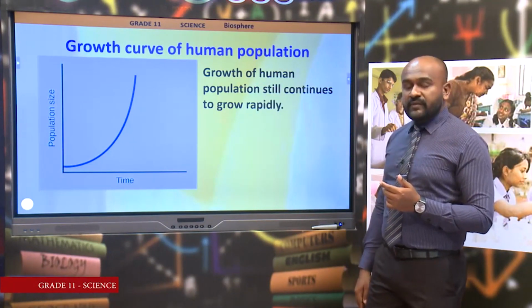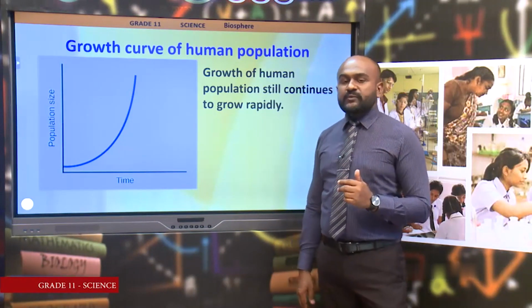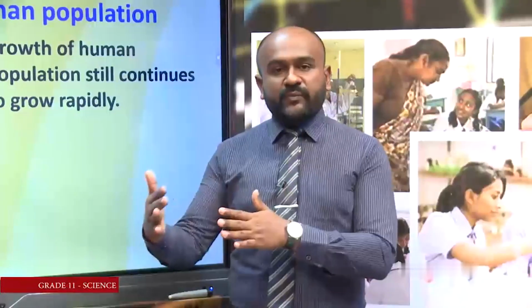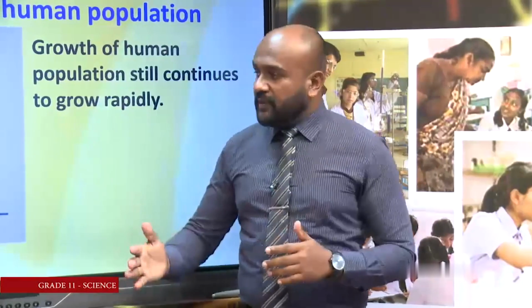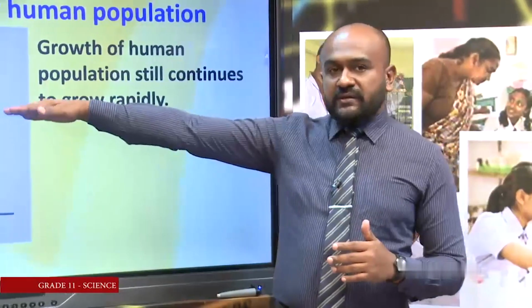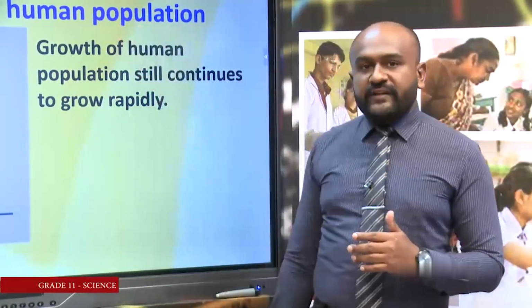So, why? I want you to think of the reasons why the human population keeps on increasing, while a natural population comes to an equilibrium with time. The human population has not come to an equilibrium, it keeps on increasing. Let us see the reasons.